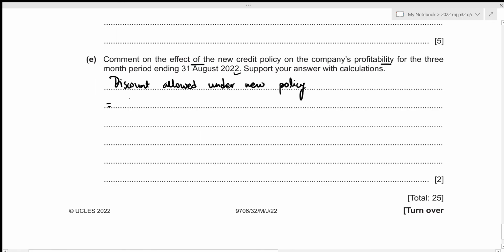So that's the total of 210,000 plus 195,000 plus 207,000. And we're only providing discount on 50% of these amounts since 50% of these amounts were to be paid 1 month after the sales. So that's times 50%. And the discount that we're applying is at the rate of 3%. So that's times 0.03. Now this will give the new discounts allowed to be 9,180.